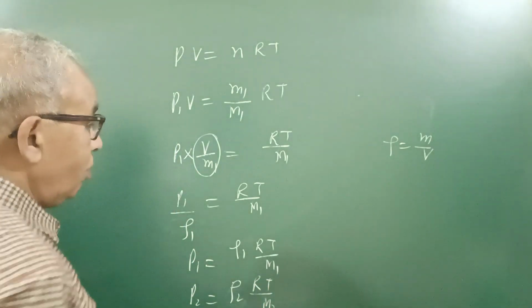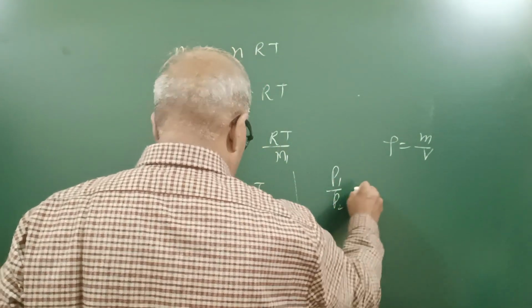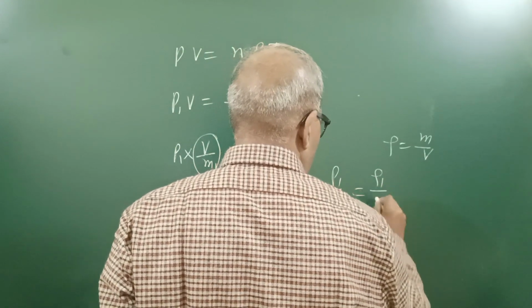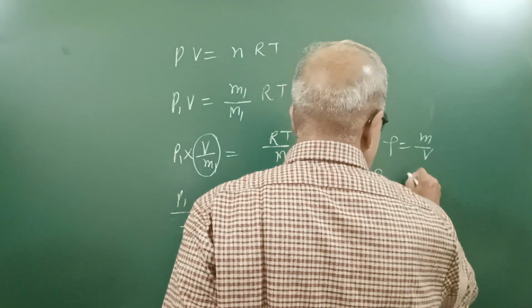We are given P1 upon P2. So P1 upon P2 is equal to rho 1 upon rho 2 into M2 upon M1.